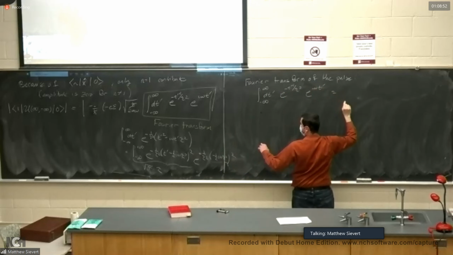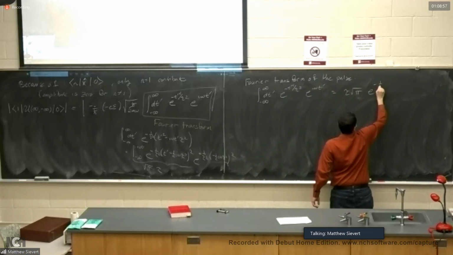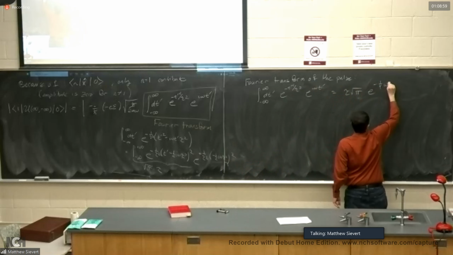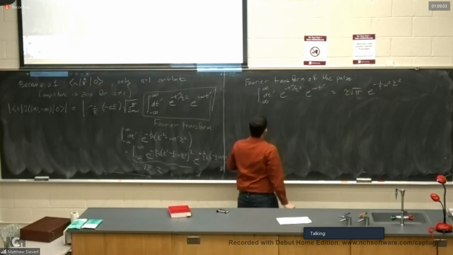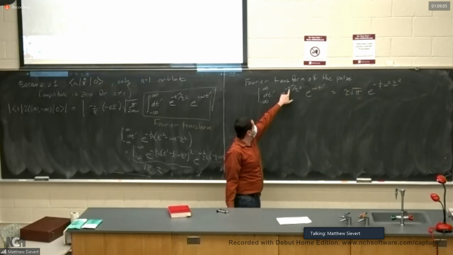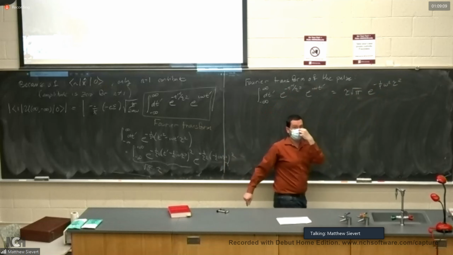And what this gave us was tau square root pi e to the minus 1/4 omega squared tau squared. So this object was Gaussian in t prime. This one is Gaussian in omega. Fourier transform of a Gaussian is a Gaussian.